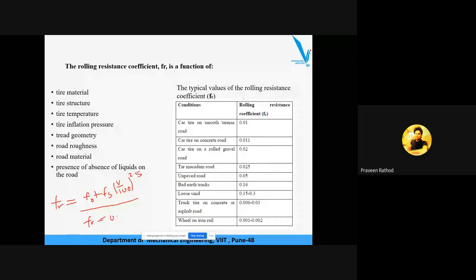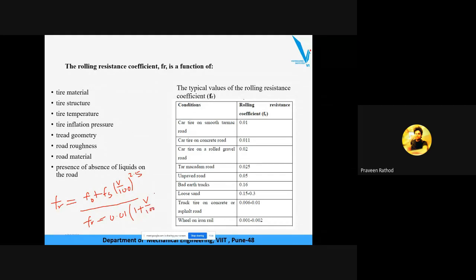This is the most common equation; directly you can use this formula for the passenger car. This is also a standard one. Directly you can write 100 over here. So either you can use this or that one for the calculation. This equation can be used for the passenger car on a concrete road.